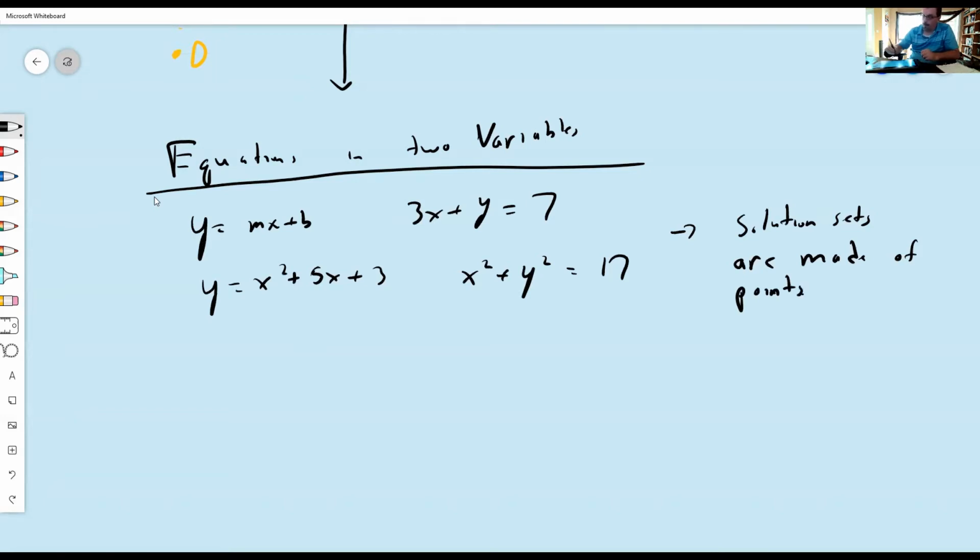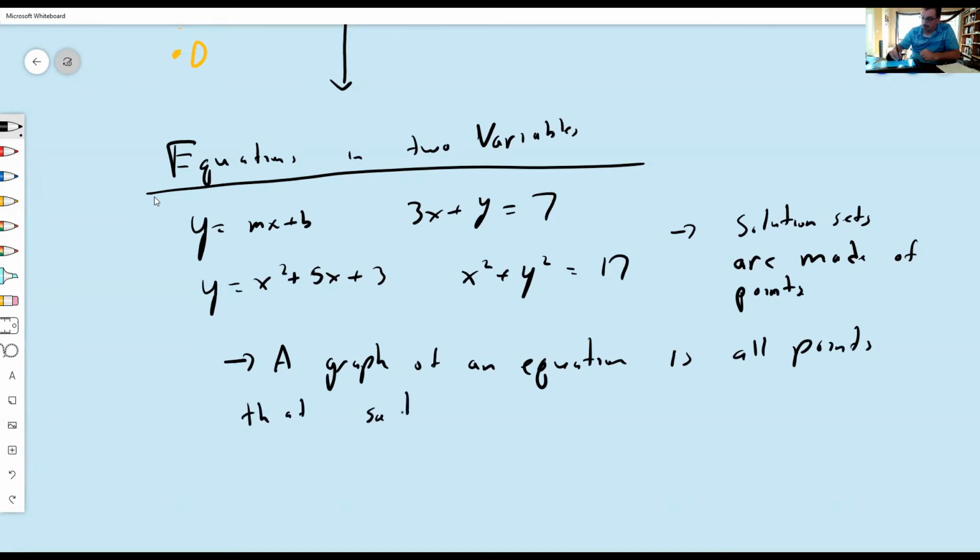In fact, a graph of an equation is all the points that satisfy the equation.